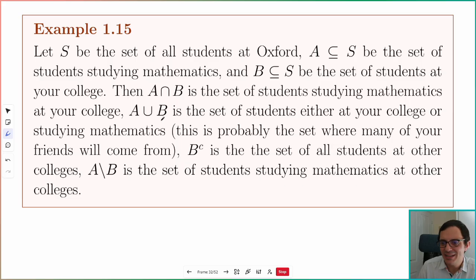A union B is the set of students who are either at your college or studying mathematics, and probably that set contains a lot of your friends who you've met either in college or in lectures.